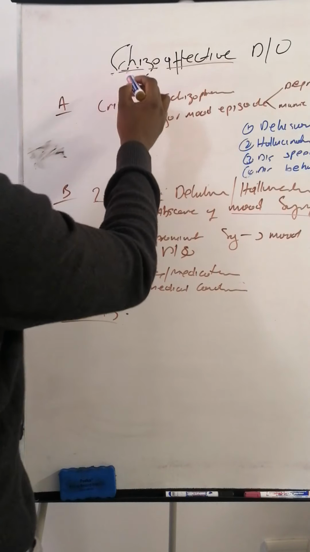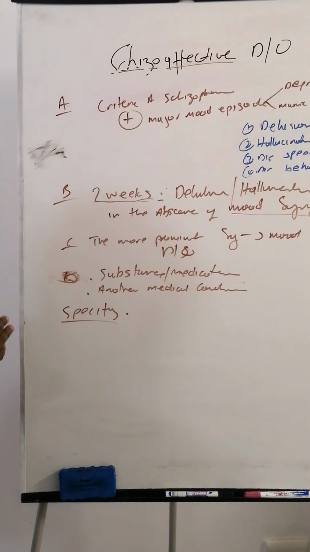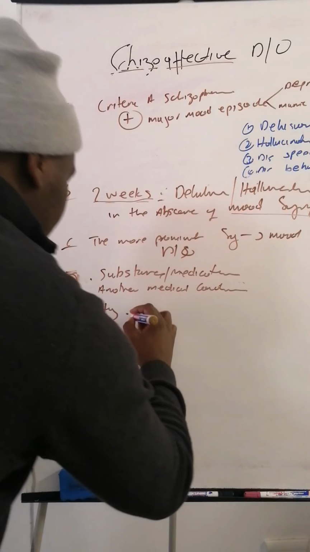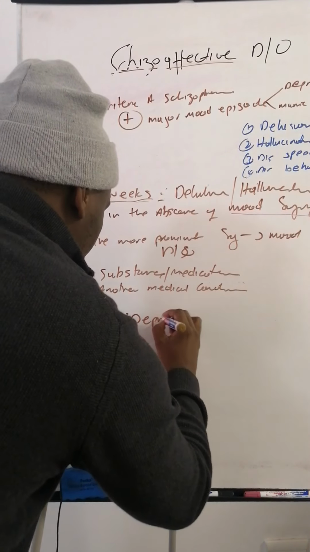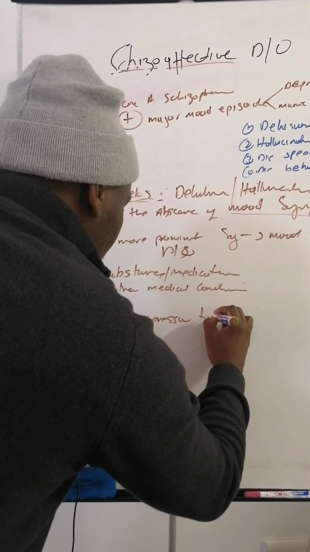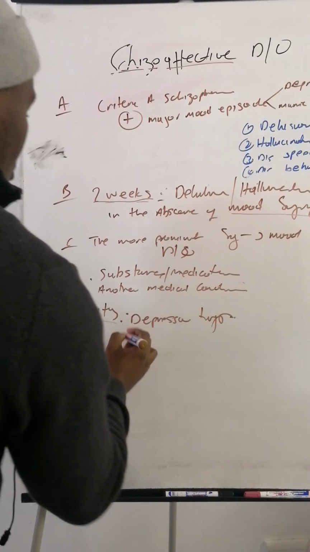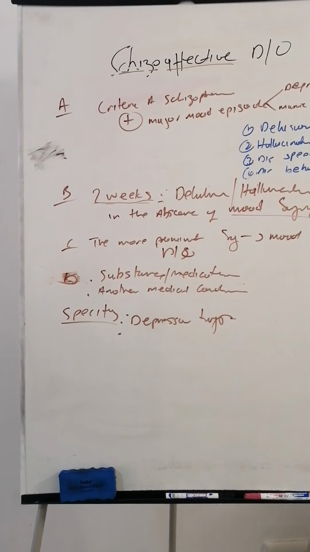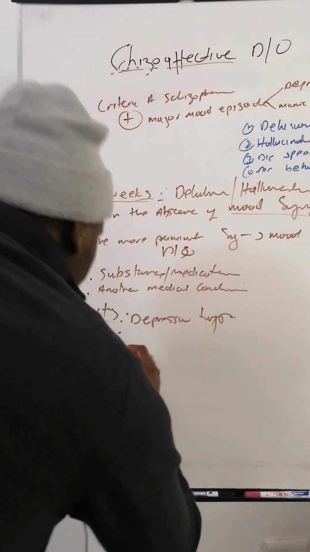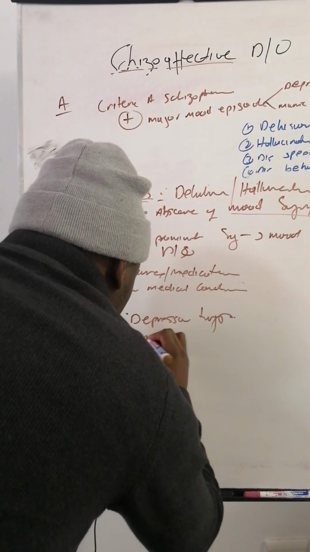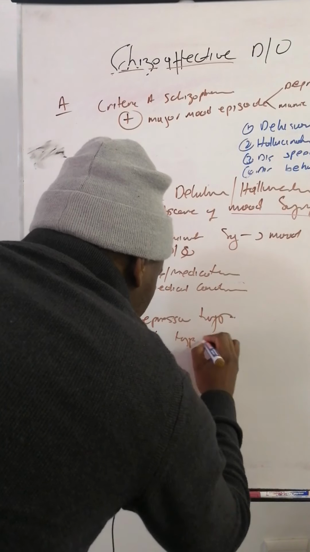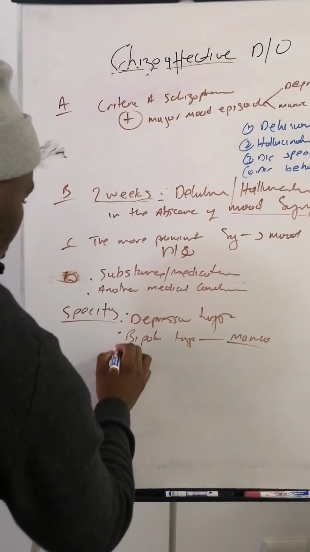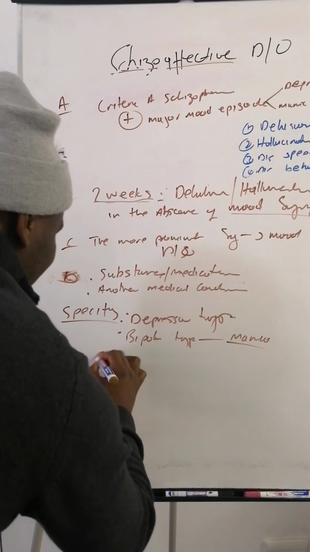The schizo part is psychosis, but if the affective part is depressive, we should say it's a depressive type. We should also say if it's a bipolar type, meaning mania in this case, or also if there is catatonia.